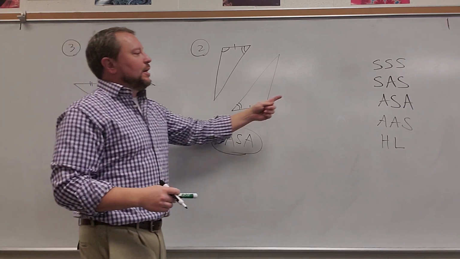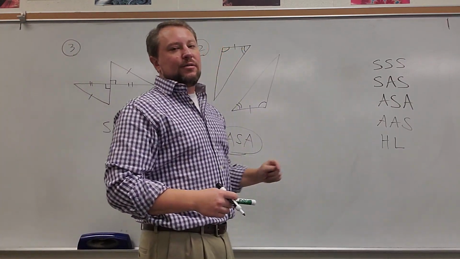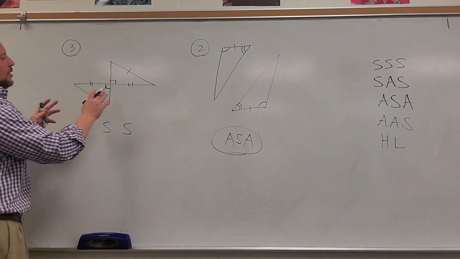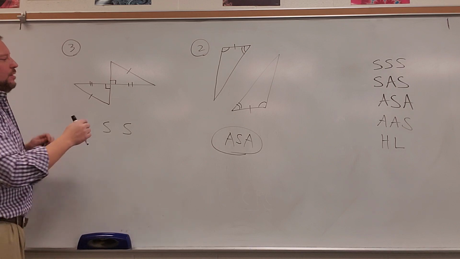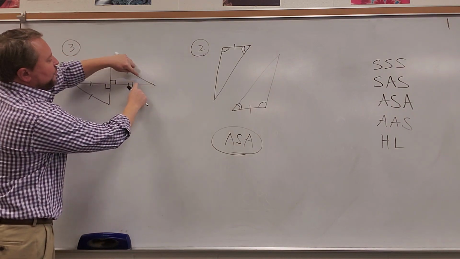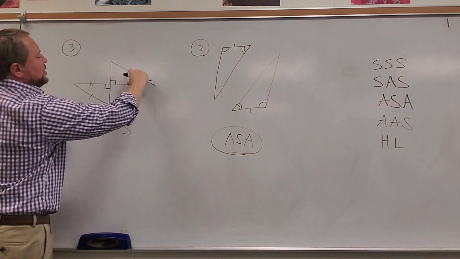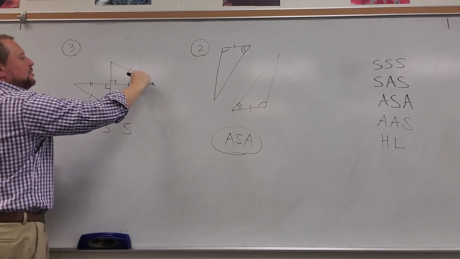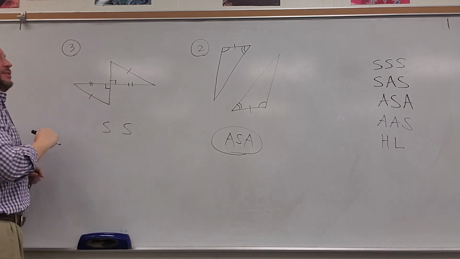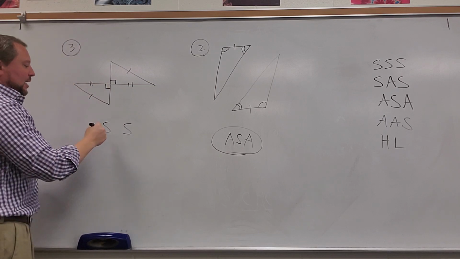Because if it is, then I can use SAS. So when I look at this one, there's my two sides. The angle in between those two sides would be the angle that's formed by them. So do you see that this angle is not in between the sides?